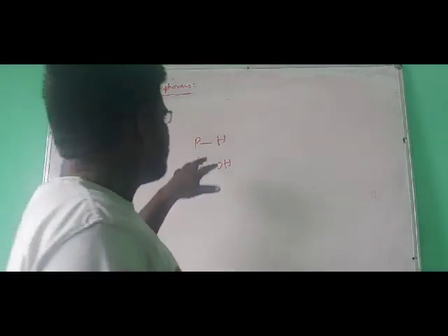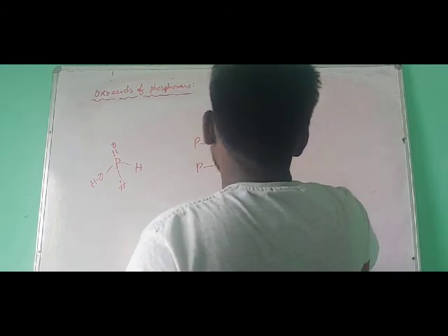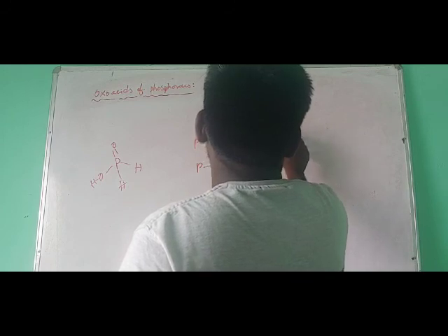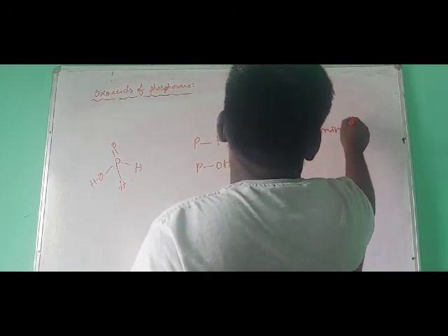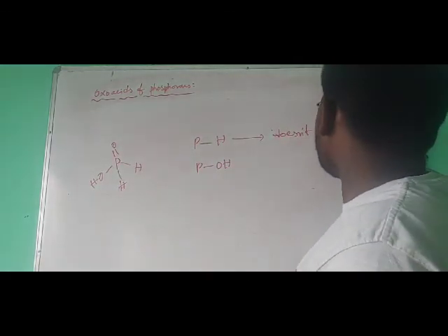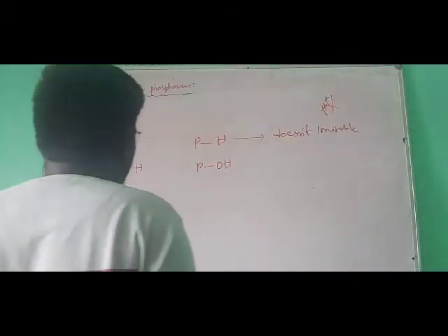Now here these PH bonds are not ionizable. These bonds are not ionizable, meaning H plus ions won't be produced from this when it is dissolved in water.